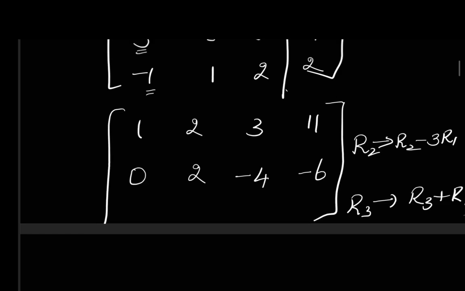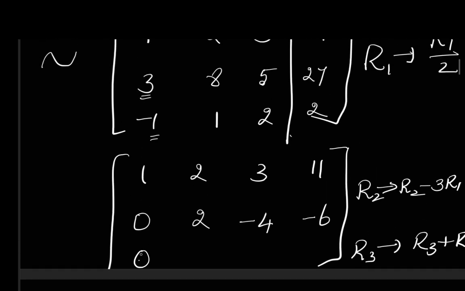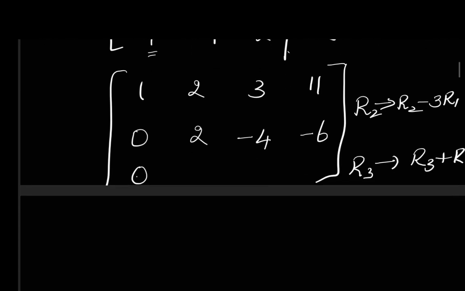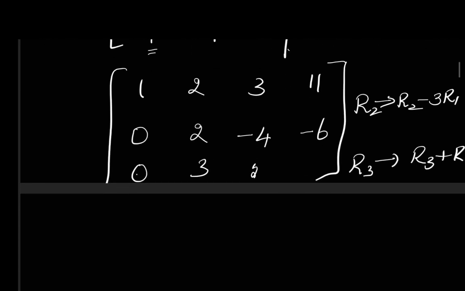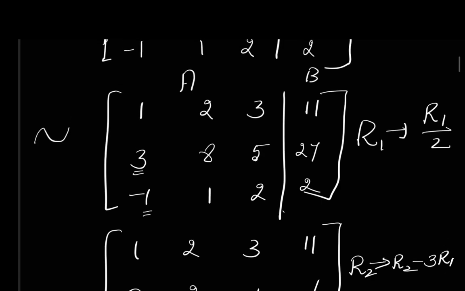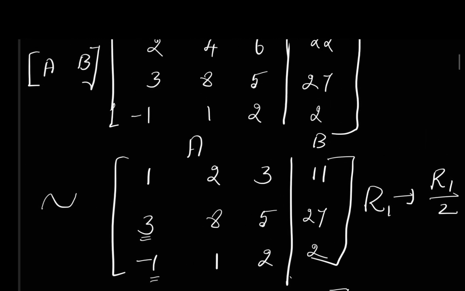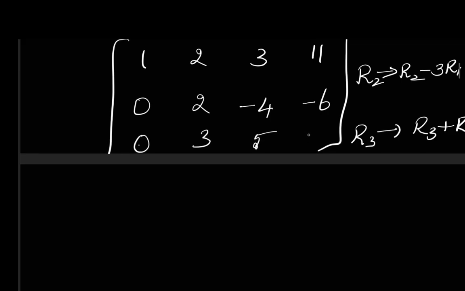If you add, you get 0; similarly the other entries: 2 plus 1 is 3, 3 plus 2 is 5, 11 plus 2 is 13. This is R3 after the transformation. So the matrix is equivalent to this matrix.